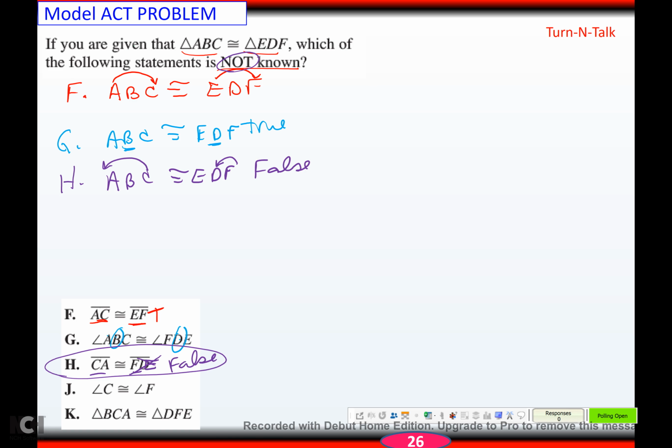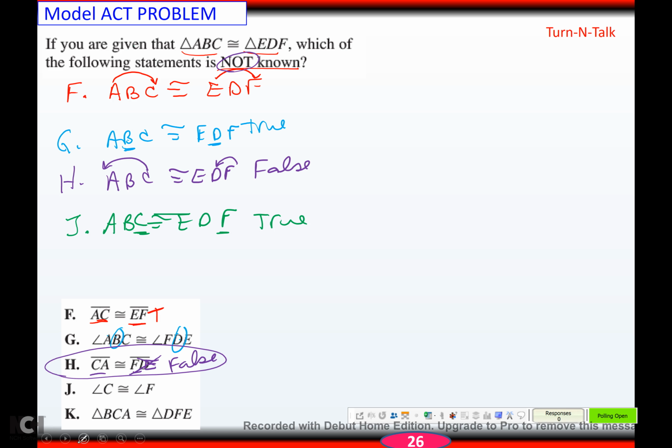But again, just to give you a little bit more learning material, let's look at J. I have angle C is congruent to angle F. Well, ABC congruent to EDF: C is here, last position, and F is in the last position. They match.